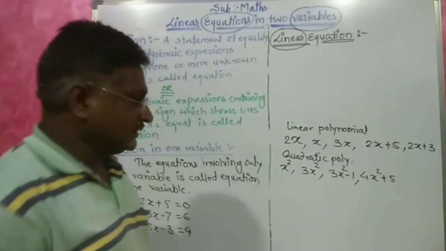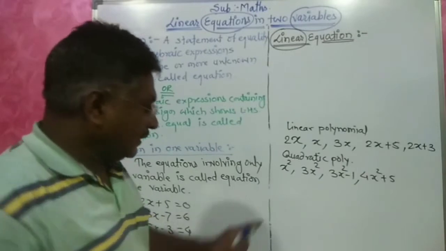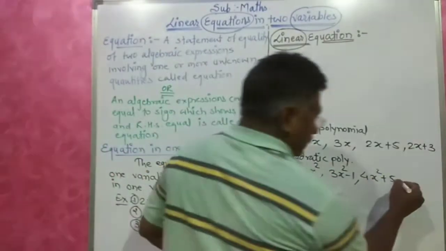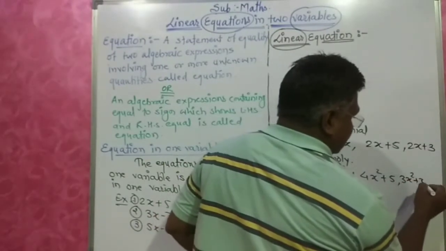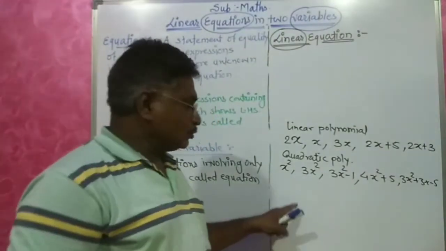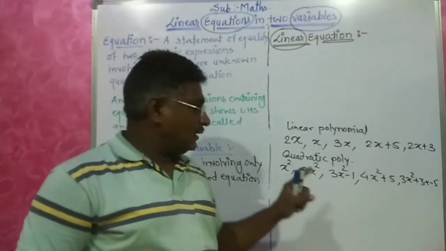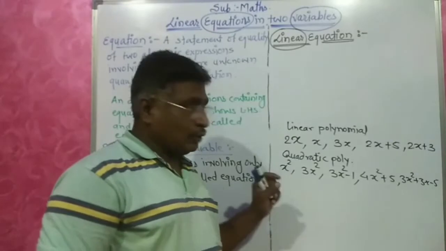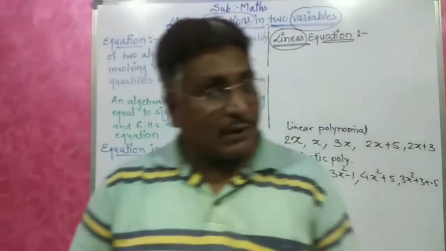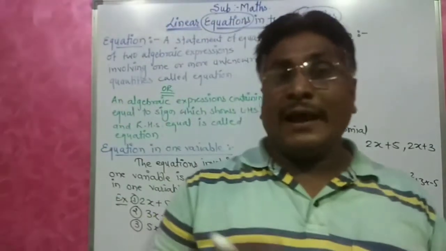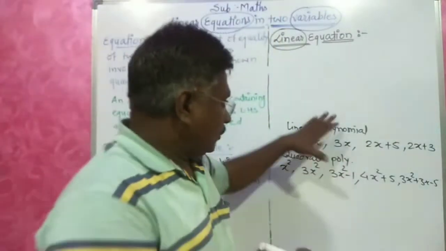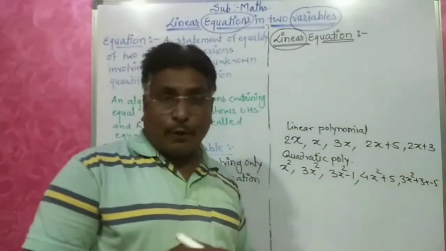These are quadratic polynomials because the degree is 2. 3x square plus 3x minus 5, here the degree is 2, so we call it a quadratic polynomial. Cubic polynomial, a polynomial having degree 3. Biquadratic polynomial, a polynomial having degree 4. This we already studied in polynomials.